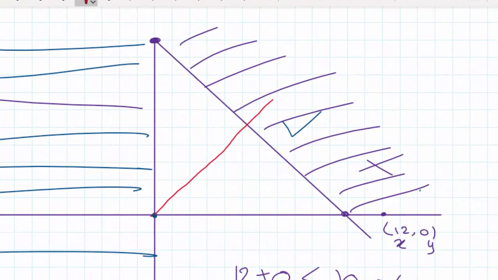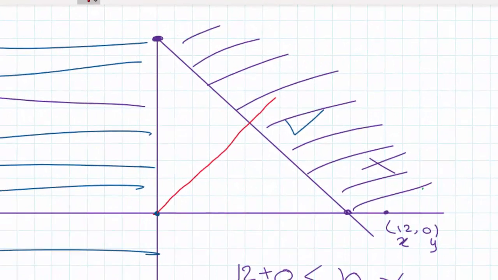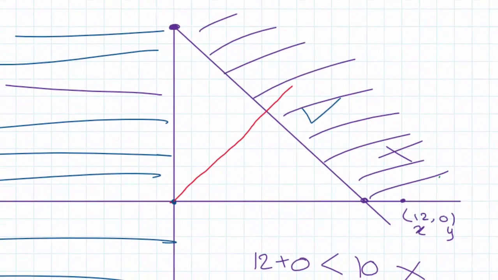In which side is y greater than x? If you pick any point randomly on this side of this red line, you can make the decision. Whatever point you choose is fine. So I'm going to choose this point. The coordinate of this point: x is 1, and y is, counting 1, 2, 3, 4. So it's (1, 4).